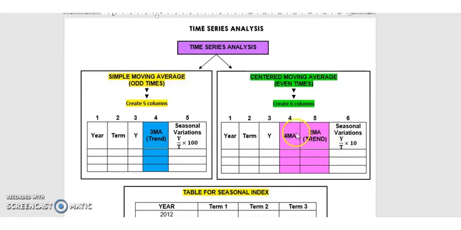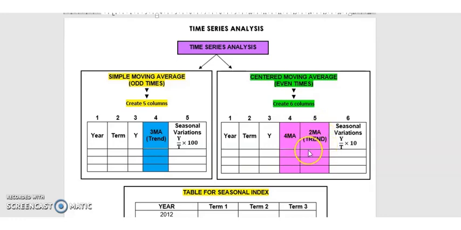The moving average depends on our data. If we have quarterly data, 4 quarters, this will be a 4 moving average. Or if you have 6 days of data, 6 even numbers, we still need to use centered moving average. Here it will be a 6 moving average, and then the trend value will be the 3 moving average. Why 3?